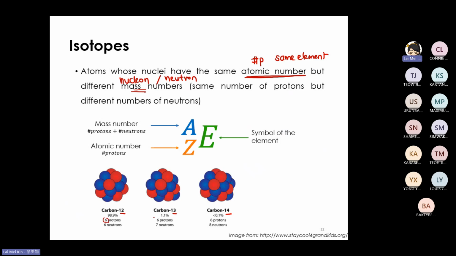All have 6 protons because they are the same element. With mass number 12, it has 6 neutrons; 13, I have 7 neutrons; 14, I have 8 neutrons. So same identity, but different mass number or neutron number.